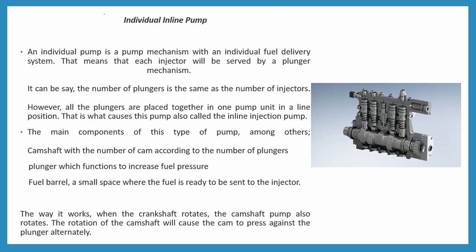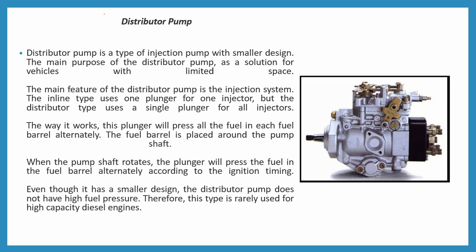Now coming to another type of pump, which is known as the distributor pump. The distributor pump is a type of injection pump with a smaller design. The main purpose of the distributor pump is as a solution for vehicles with limited space. The main feature of the distributor pump is the injection system.